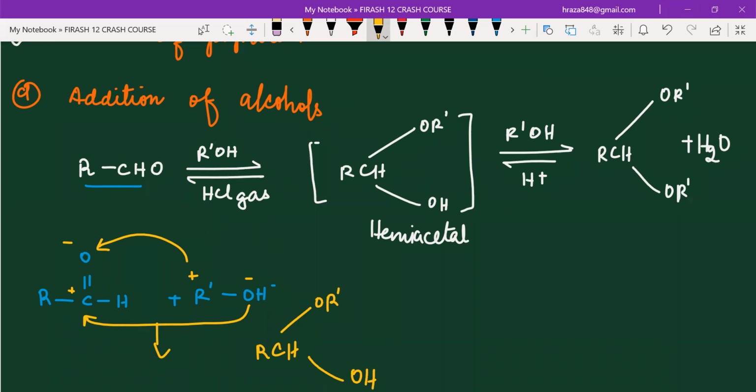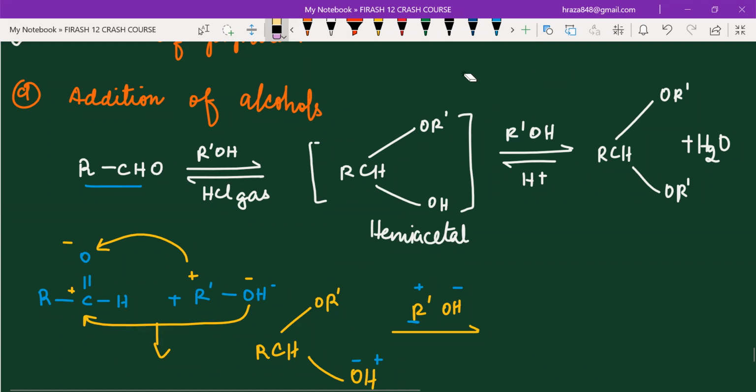Again, if you react this again with R dash OH, you know that this will have a negative, this will have a positive sign. And if you react with this, you can take positive here, negative here, positive here, negative here. Then this positive will go to this negative, and again the same product you will get, with O you will get R dash. Are you getting my point?